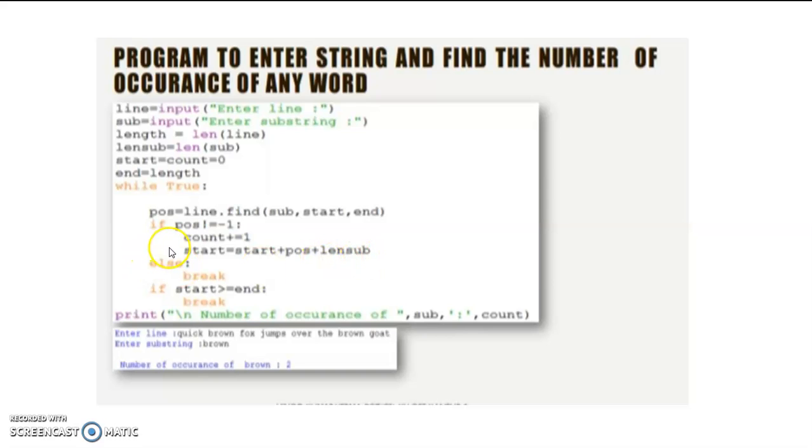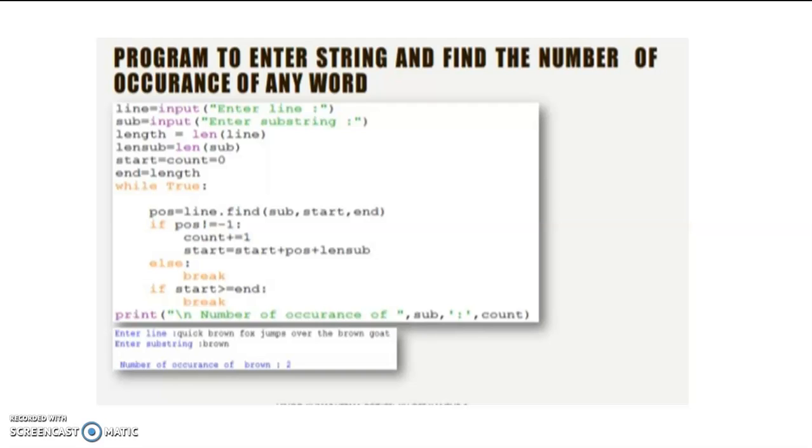The start position will be changed. Suppose our position is 2, then the start will be start plus 2 plus len of sub. That is, when you find "es" in the second position, start position 0, then 0 plus 2 plus the length of the substring, which is 2 characters.